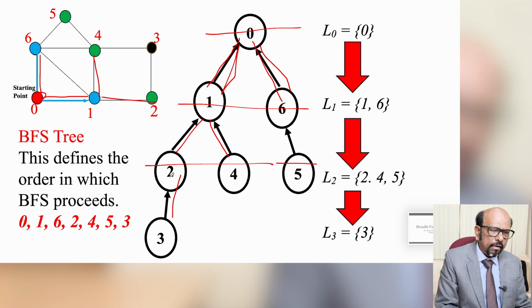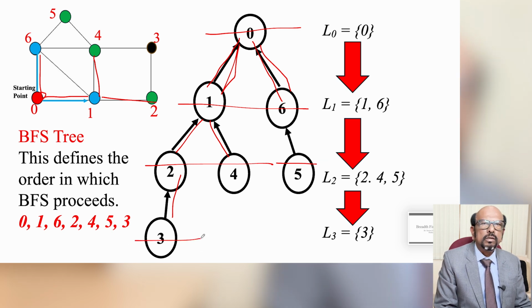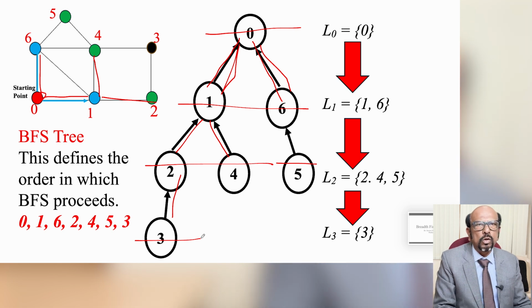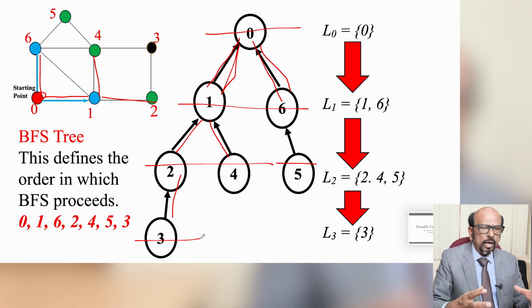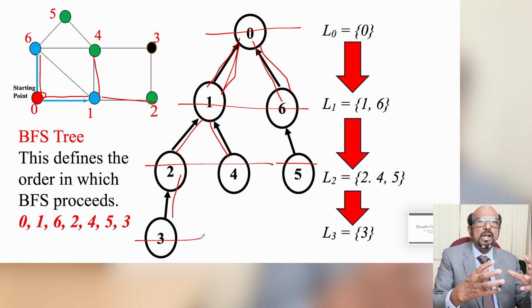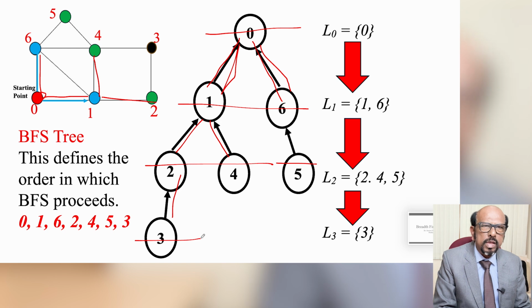Then the neighbor of 2 which is 3. So, this is how we form the BFS tree. In breadth first search, we search and at the end we also get the BFS tree. The BFS tree will tell you how the search will have to happen.